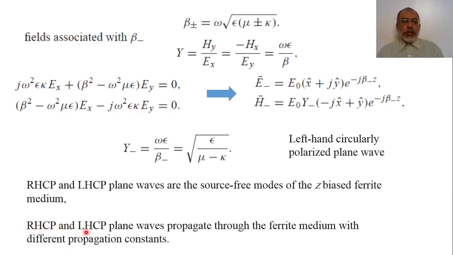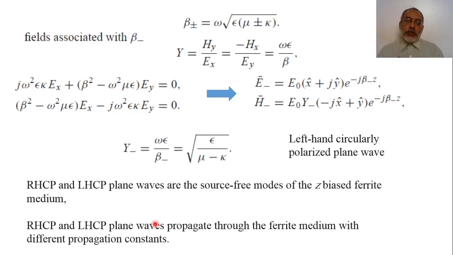Right-hand circular polarization and left-hand circular polarization plane waves propagate through the ferrite medium with different propagation constants. So the right hand is propagating with beta plus, the left hand is propagating with beta minus. This means that the phase shift of the right hand after a certain distance will be completely different from the phase shift of the left-hand circular polarization because the propagation constant is different.